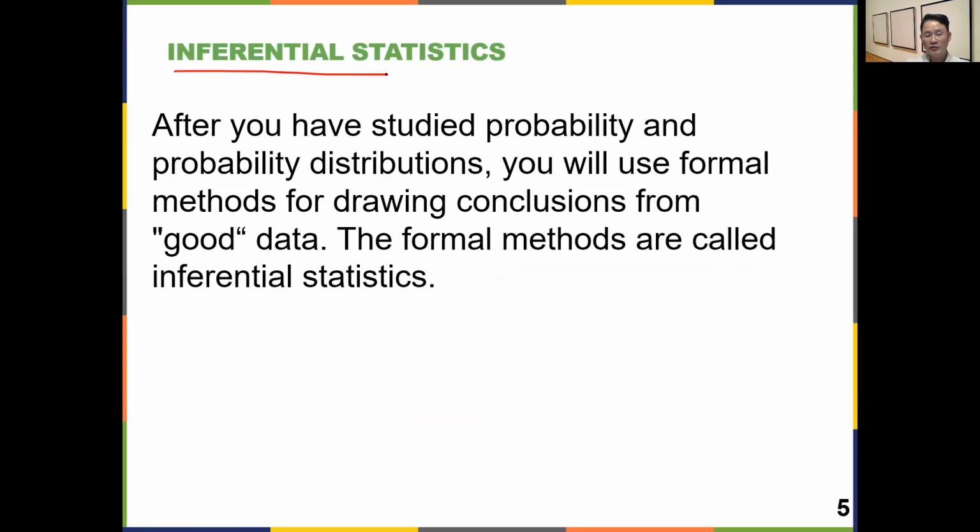Inferential statistic, however, based on your organizing and summarizing and interpreting the data, you draw conclusion, right? You draw conclusion. That's inferential statistic. Sometimes you make decision. Sometimes you make educated guess. You make some type of conclusion. That's inferential statistic, right?